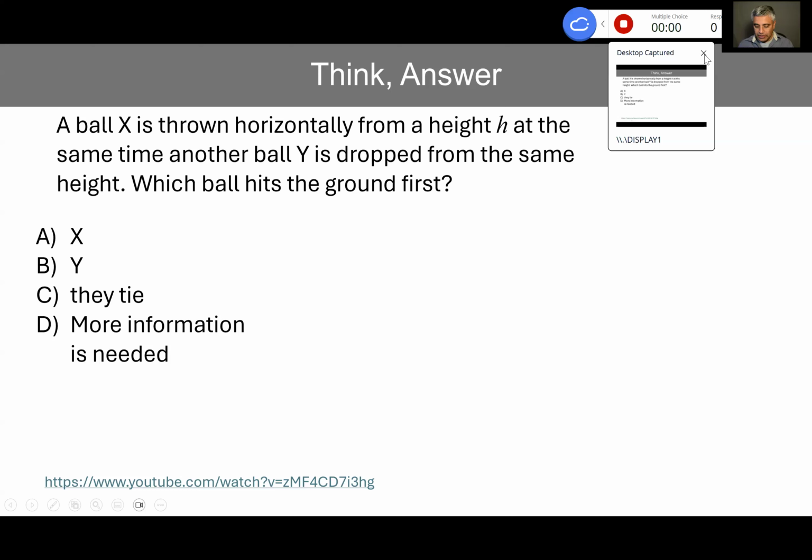You have a minute to answer this question. What do you think? And why? Also think about that.